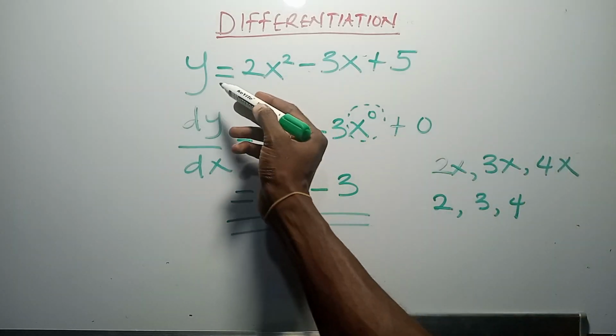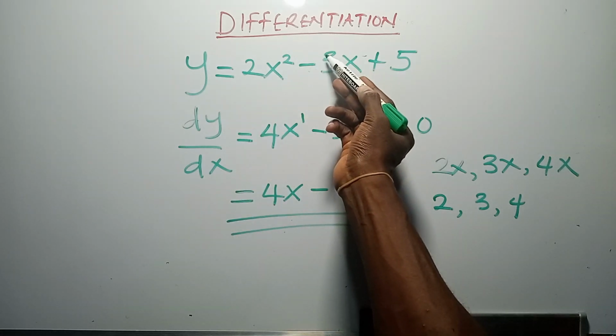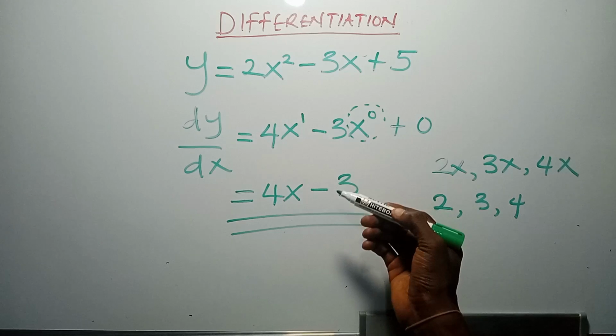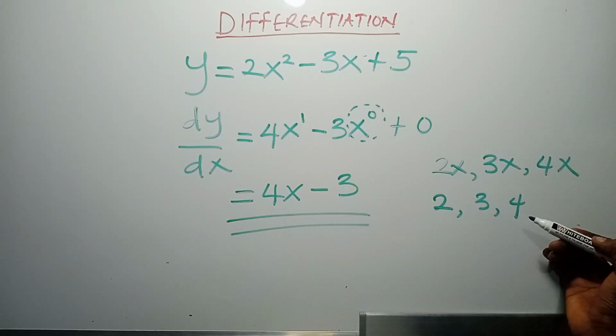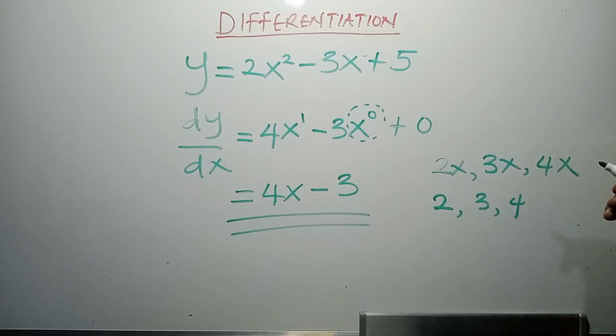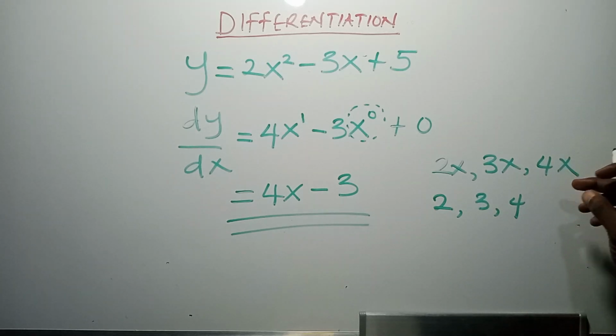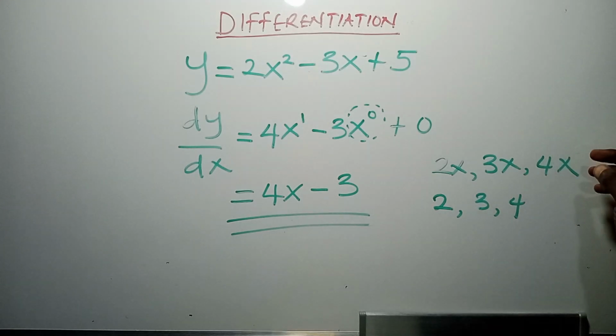That's the reason why we differentiated 3x here to give us 3. So if we differentiated 4x, we would have had 4. If we differentiated 5x, we would have had 5. In as much as the x is not being raised to a power above 1.